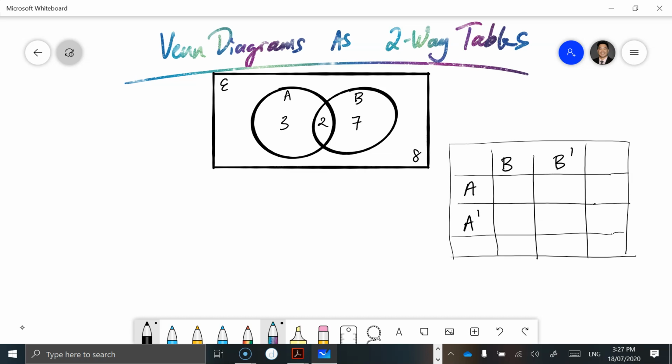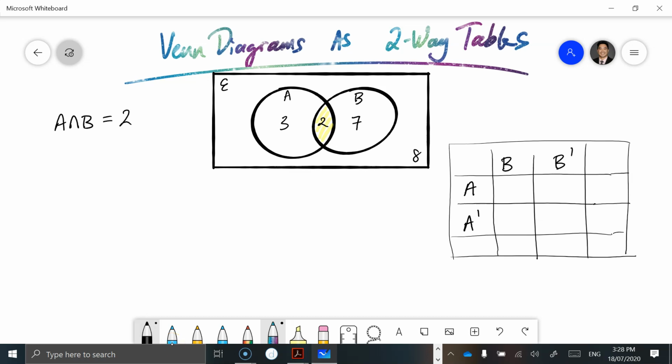Okay, so just to recap, if we have A intersection B, then we're looking at this part here, so that's going to be equal to 2.